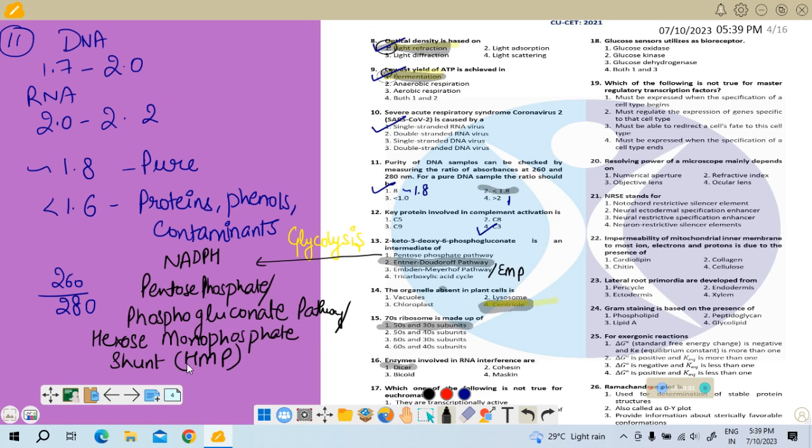So if we see pentose phosphate, the NADPH term should be there. If in a question they are asking about NADPH, that will be about pentose phosphate.